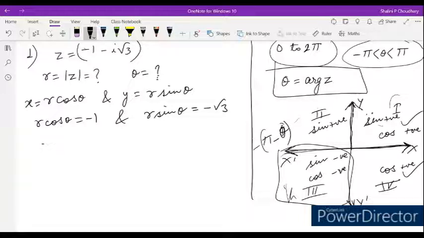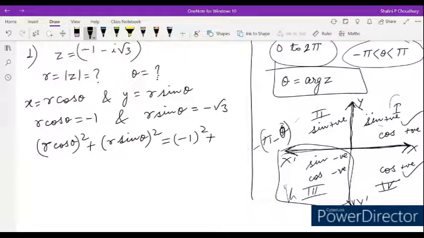So we'll add the squares of these values. So (r cos theta) whole square plus (r sin theta) whole square will be equal to (-1) whole square plus (-√3) whole square. We are adding these two.